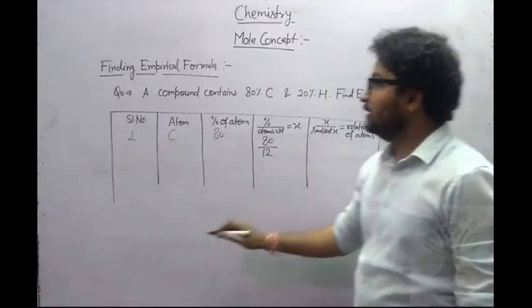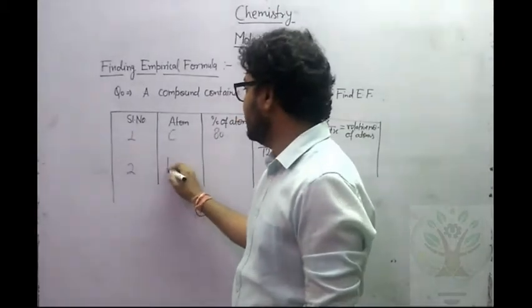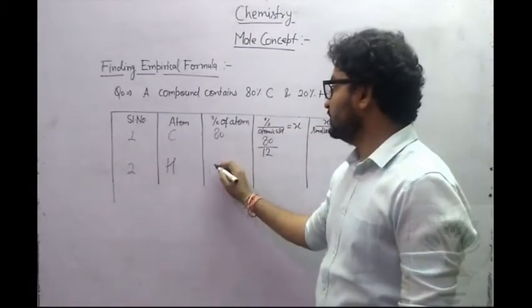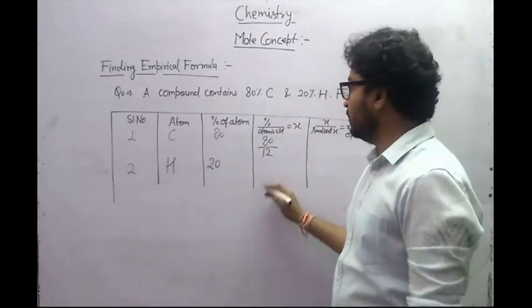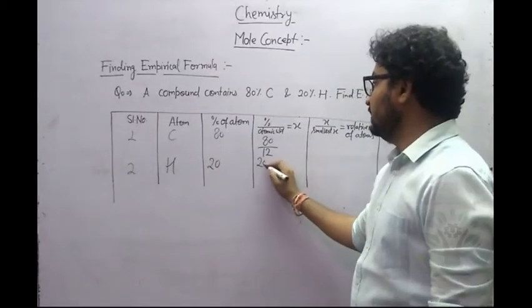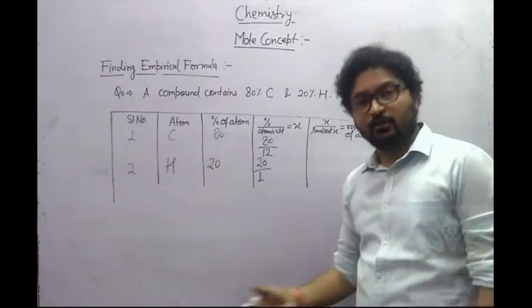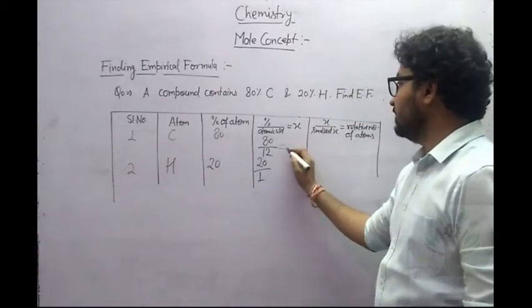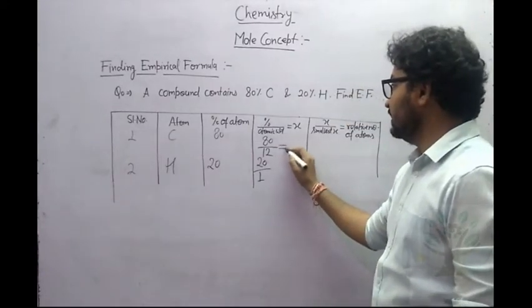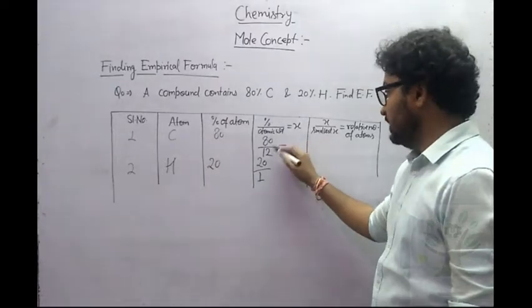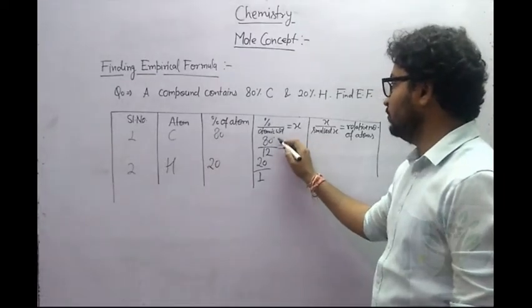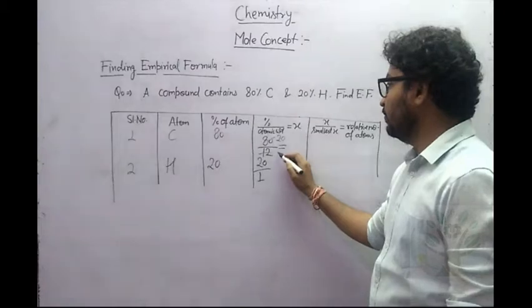The second atom is hydrogen. What is the percentage of hydrogen? 20. I will simply divide 20 by 1, percentage divided by atomic weight. Hydrogen atomic weight is 1. So here, if I divide it properly, it comes as 20 for hydrogen and 80 by 12, which is 20 by 3, for carbon.